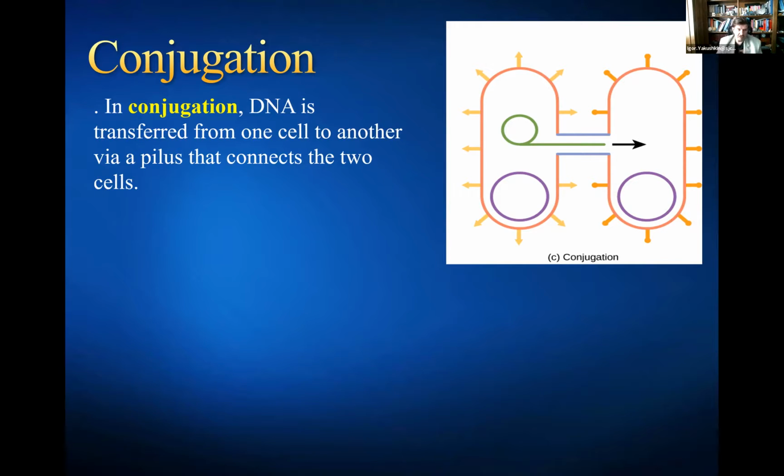The DNA will be located in the middle of the cytoplasm, not protected, and usually the DNA is shorter. It's only one circular chromosome. For example, a typical bacterium will contain about 3,000 to 5,000 genes. Humans will have about 25,000 genes, a little bit less than that.